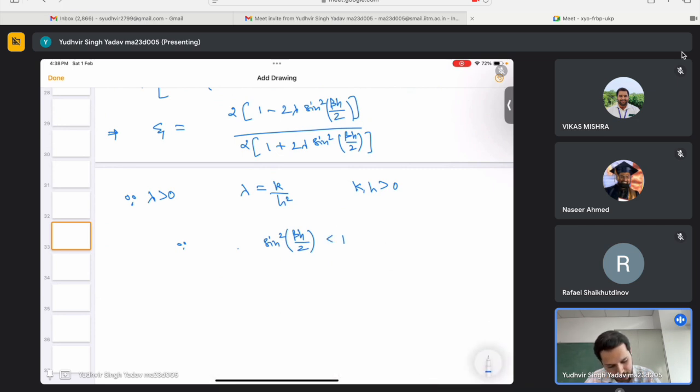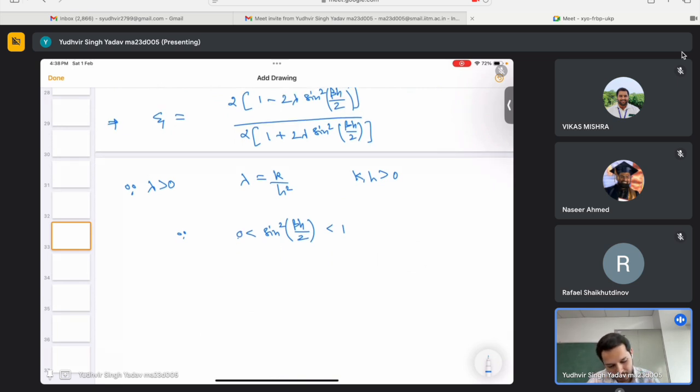Sine square is always between 0 and 1, so the denominator is greater than the numerator.